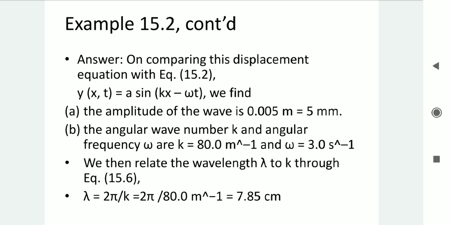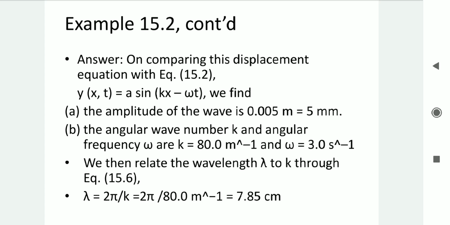So here k is 80 radian per meter, and ω is 3 radian per second. So we are having λ equal to 2π by k. By substituting the value 80 radian per meter, we are having wavelength 7.85 centimeter. So wavelength has been calculated: amplitude is 5 millimeter, wavelength is 7.85 centimeter.